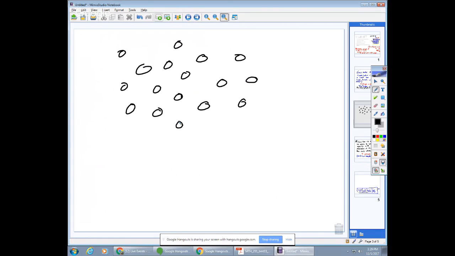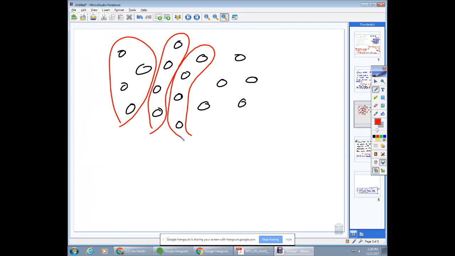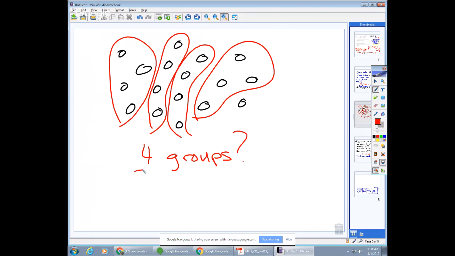So I really don't have to move them around so much as I have to just collect them. So here's a group of 4, and here's another group of 4, and there's another group of 4, and another group of 4. 4 groups. So the discovery here is that I got 4 groups, 1 left over.